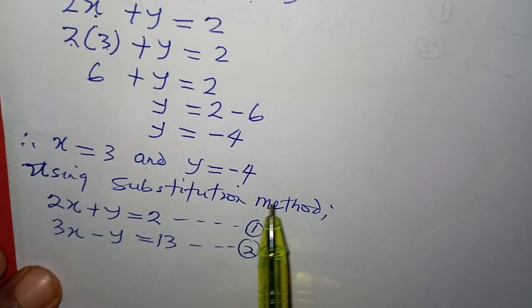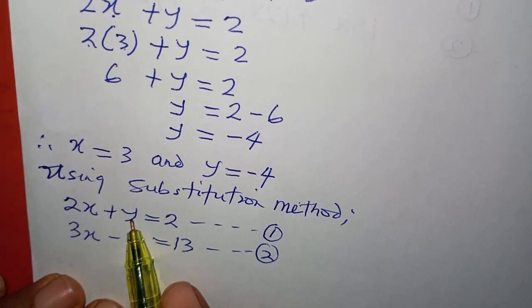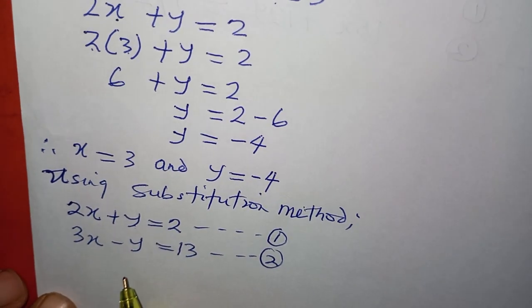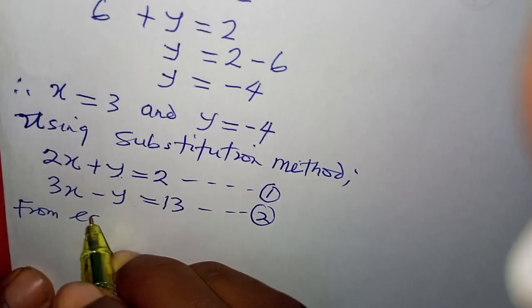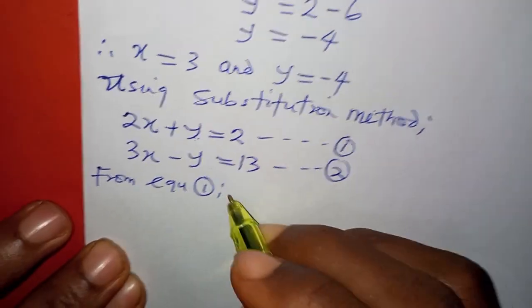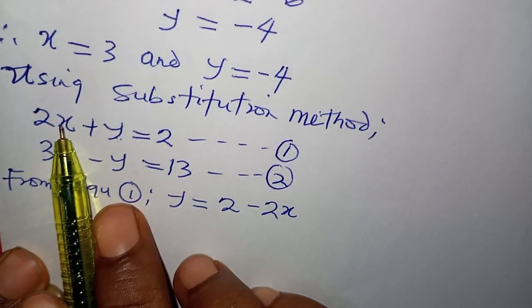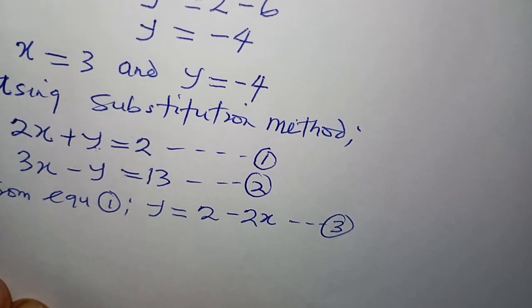Now for substitution method, I'm going to make y the subject from equation 1 or 2. So let's go with 1. So I'm going to say from equation 1, y is equal to 2 minus 2x. That is from this equation. So that makes my equation 3.